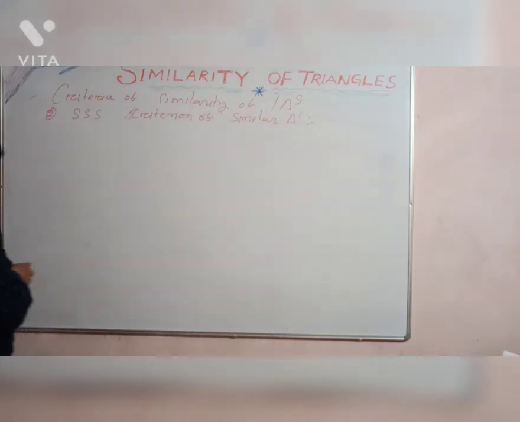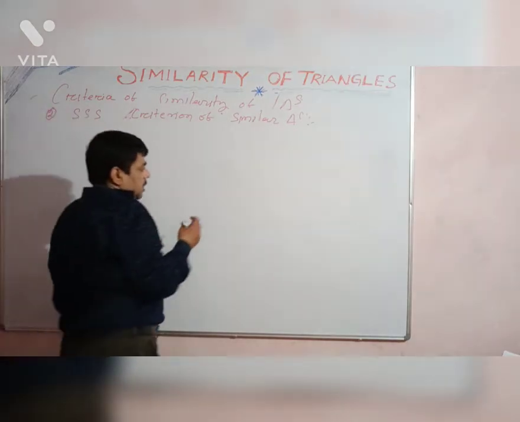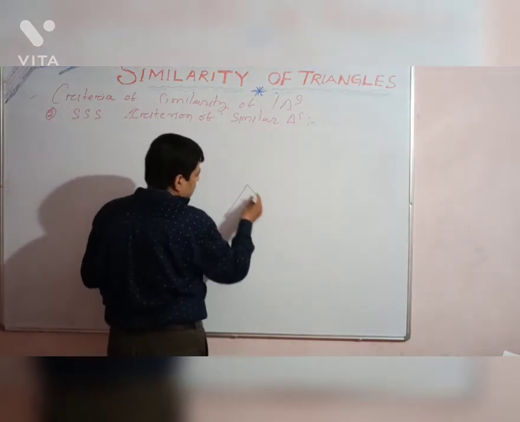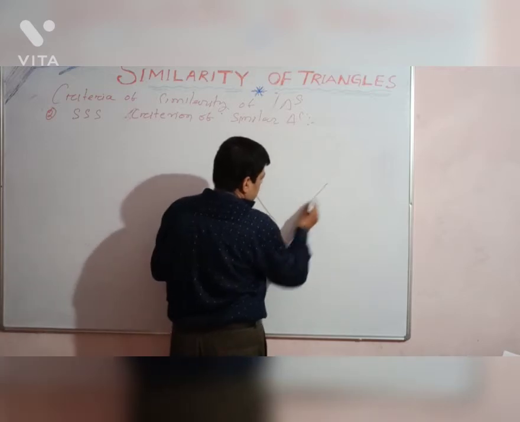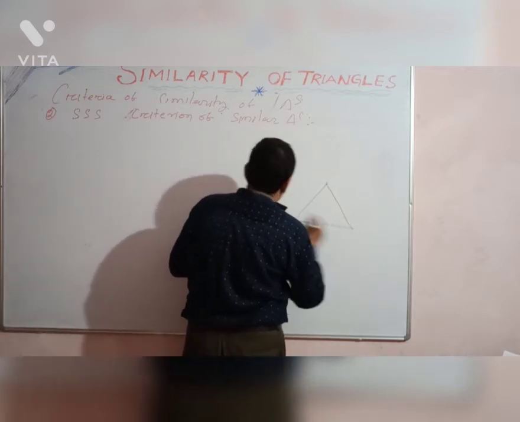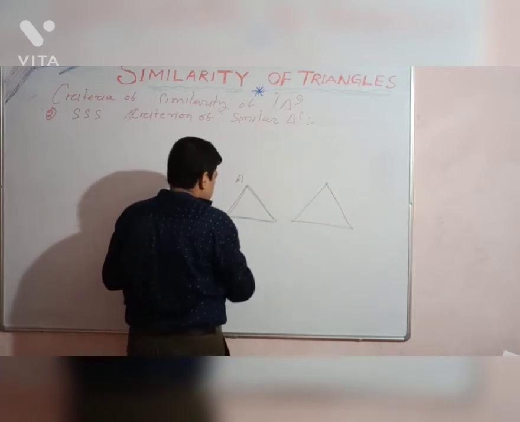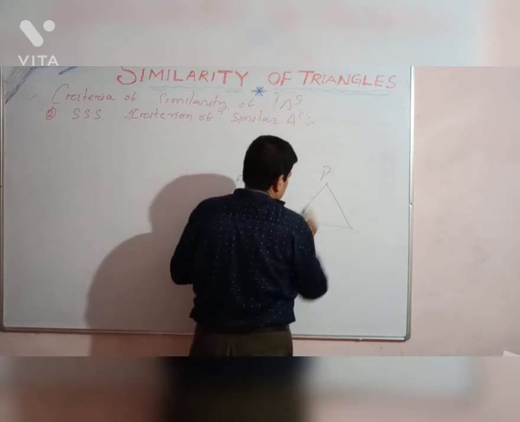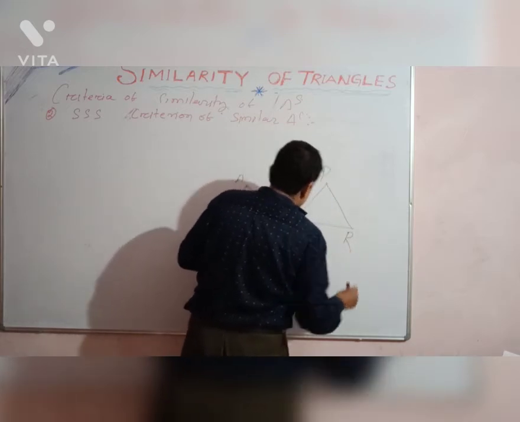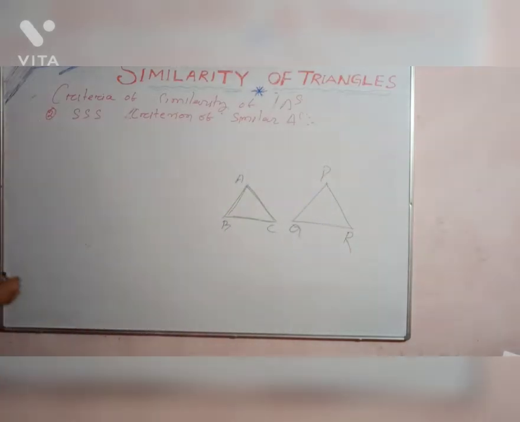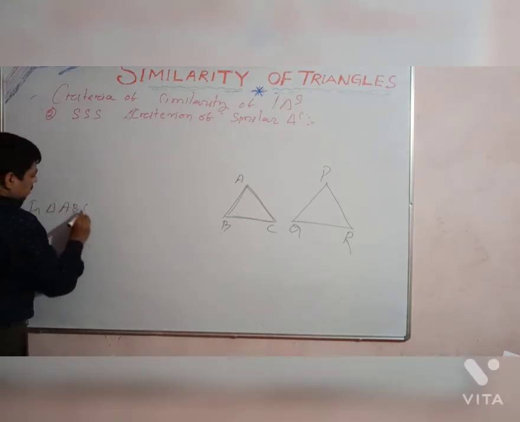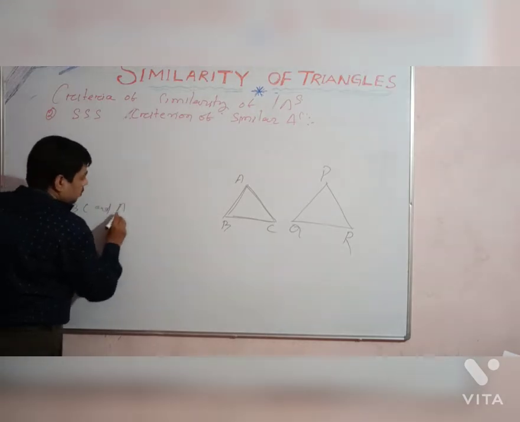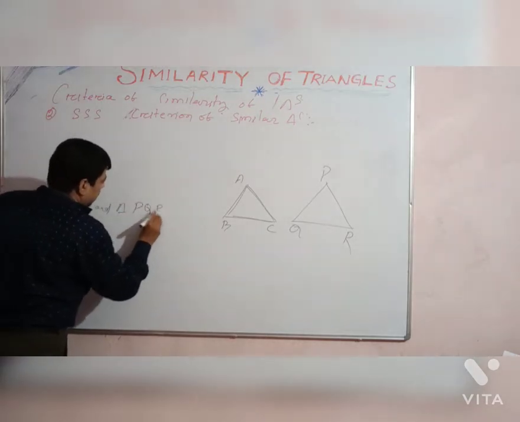Side criterion means what? Suppose I am drawing two triangles here. Triangle ABC and triangle PQR. In triangle ABC and triangle PQR, what are you finding?